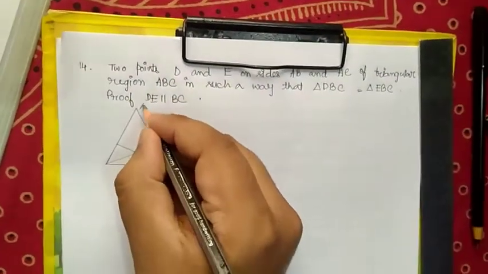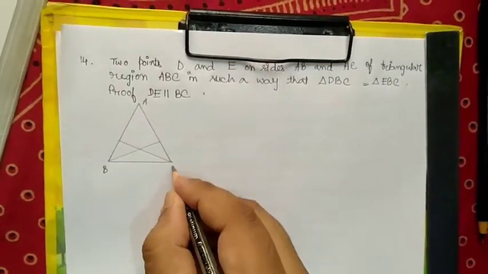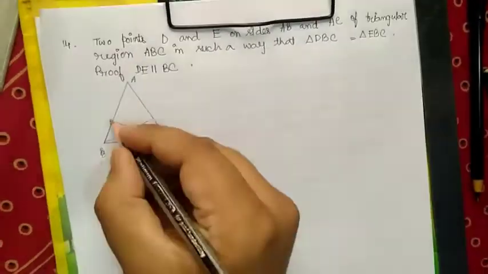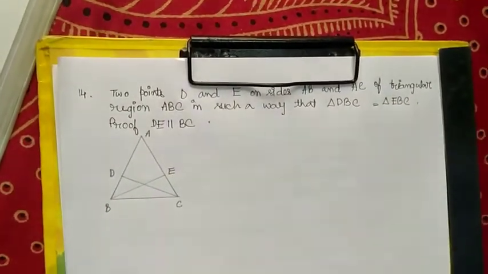So it's A, B, C. Triangle DBC equals triangle EBC. We have to prove that.